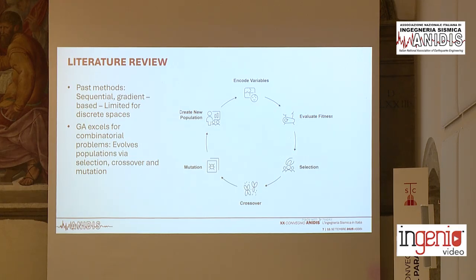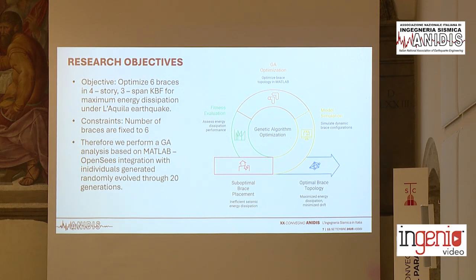After that, you have the crossover and the mutation. These generate the new populations, and the process continues until no further improvement is observed because we obtain our best individual.